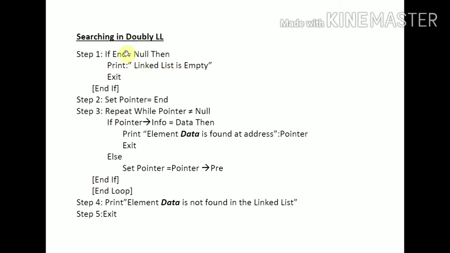We are going directly to the algorithm. Step 1: if end equal to null, it means there is no element in that particular linked list. Otherwise, the address stored in the end pointer, we assign into a new variable, pointer.